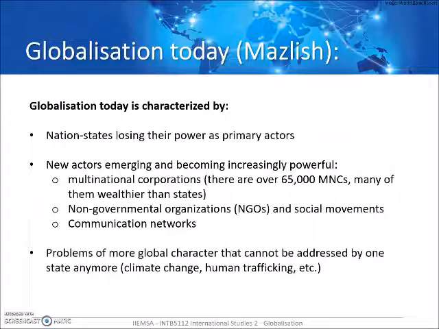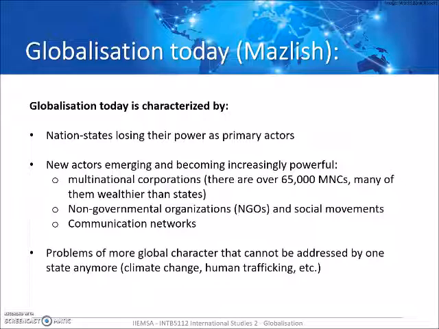There are several new actors that have been emerging and that are becoming increasingly more powerful. One of them are multinational corporations. There are currently over 65,000 multinational corporations globally, and many of them are wealthier than nation states. So many of them are wealthier than small countries.